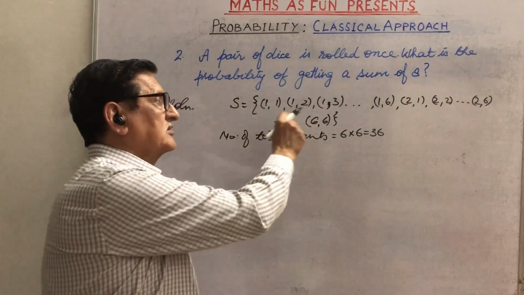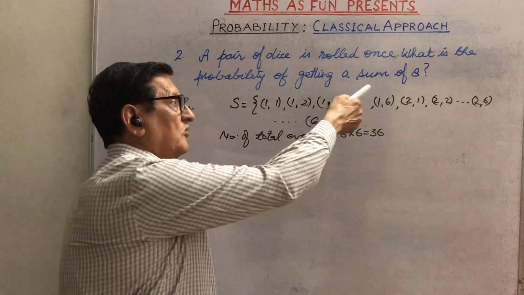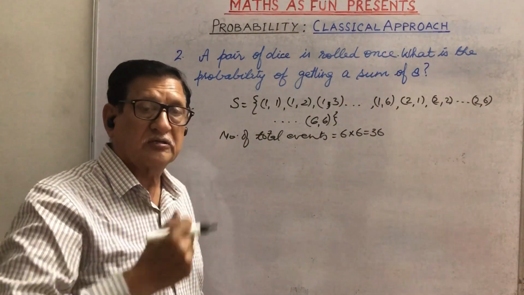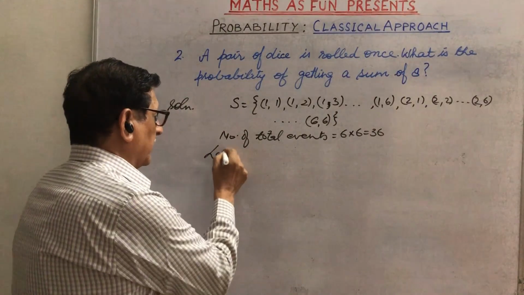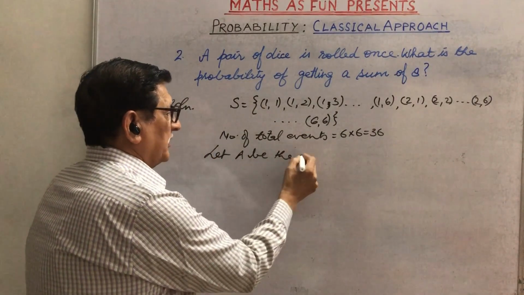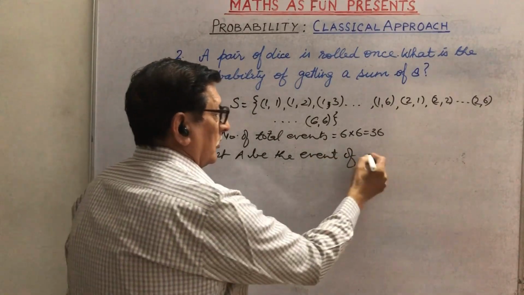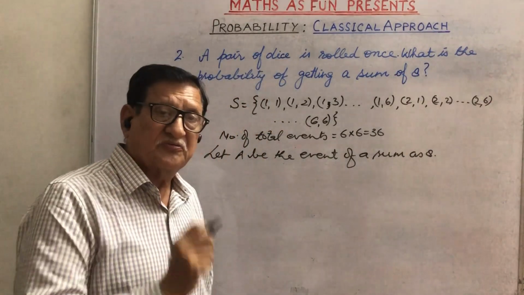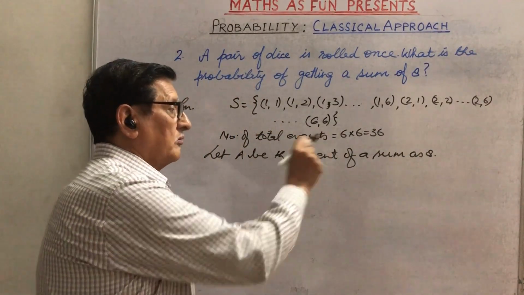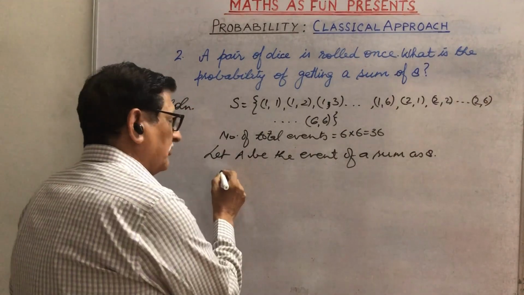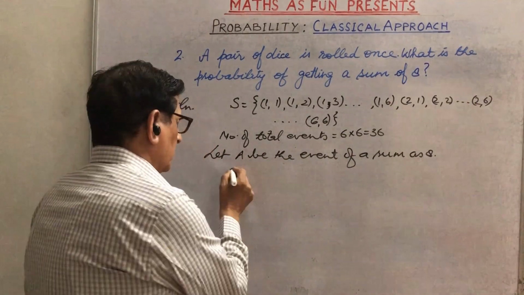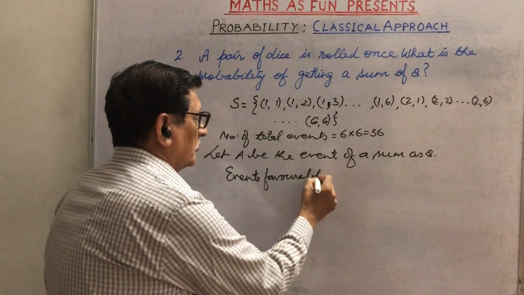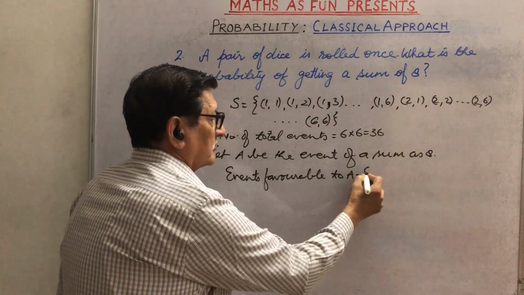Then which are the events out of them having a sum of 8? If we consider getting a sum of 8 as the event A, let A be the event of a sum of 8. Then the events which are favorable to A will be what?